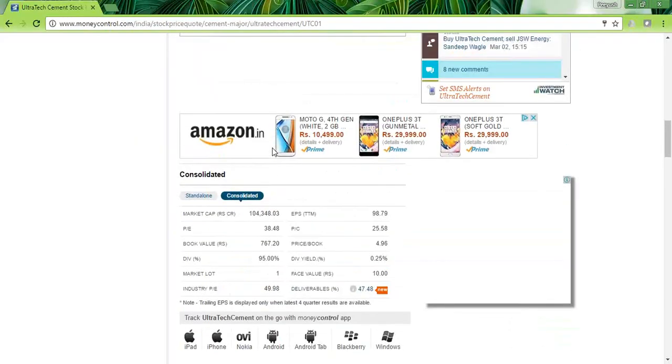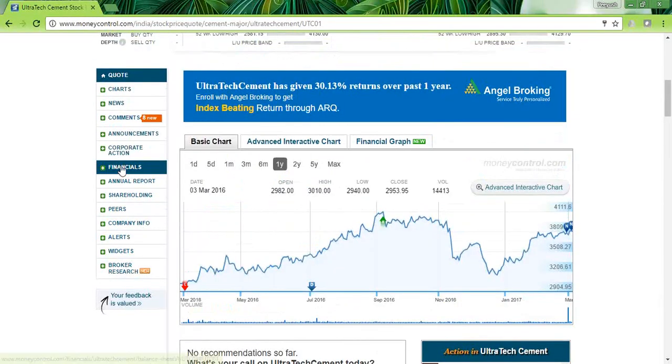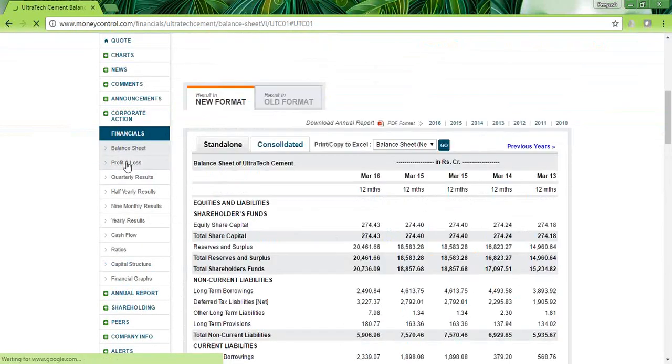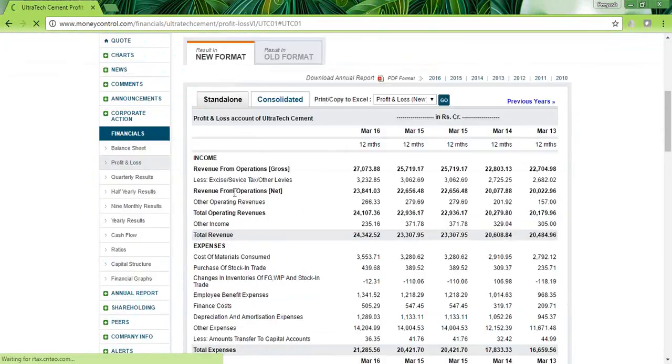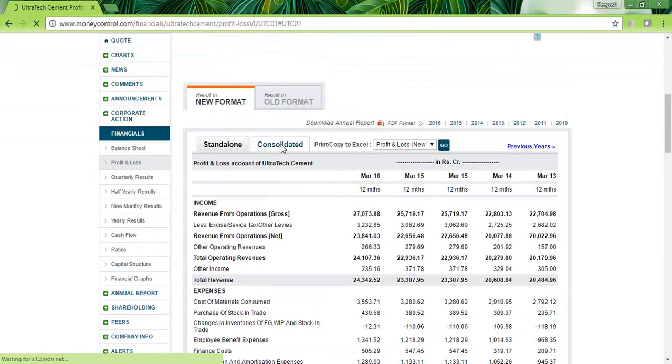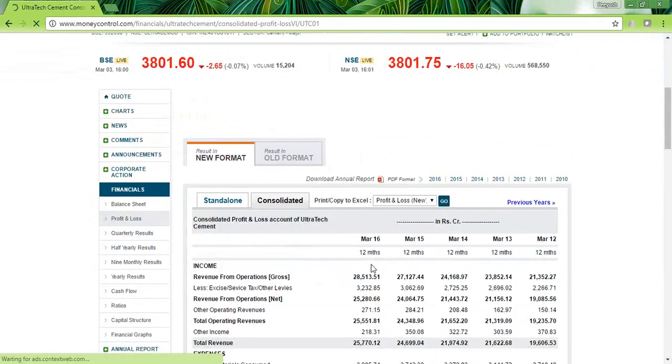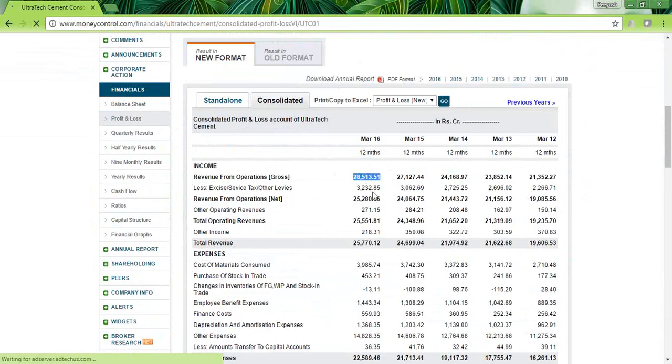Let's go back and find the financials of this company. This gives us the financial data, and I can click on profit and loss, and then click on consolidated. Consolidated is important because we're going to look at the major data, and about 28,000 crore is the gross sales, or net sales is 25,000 crore.